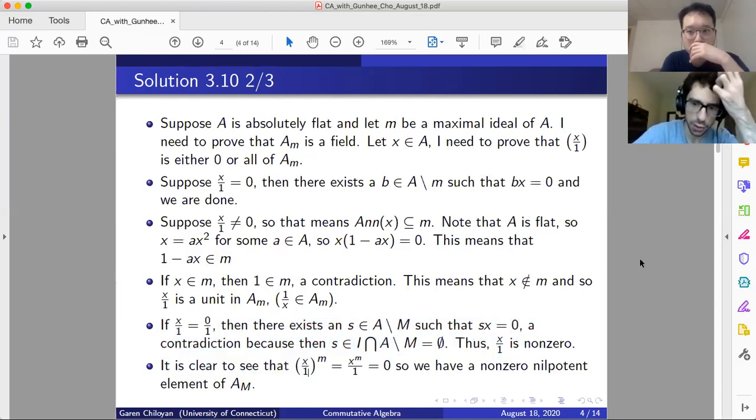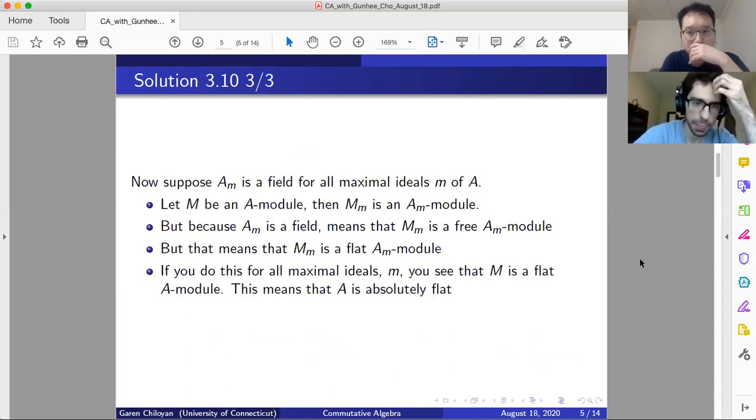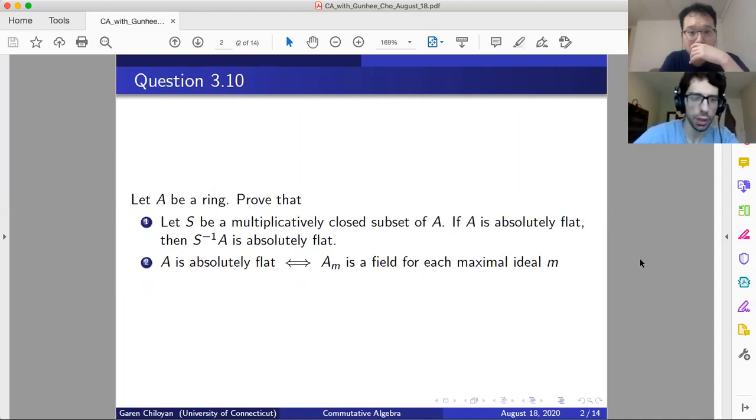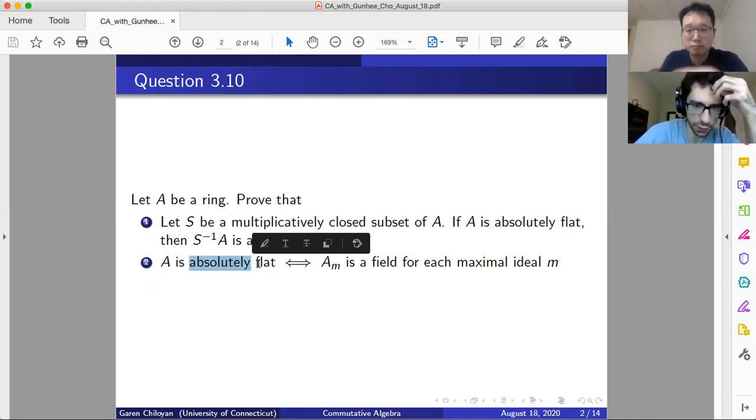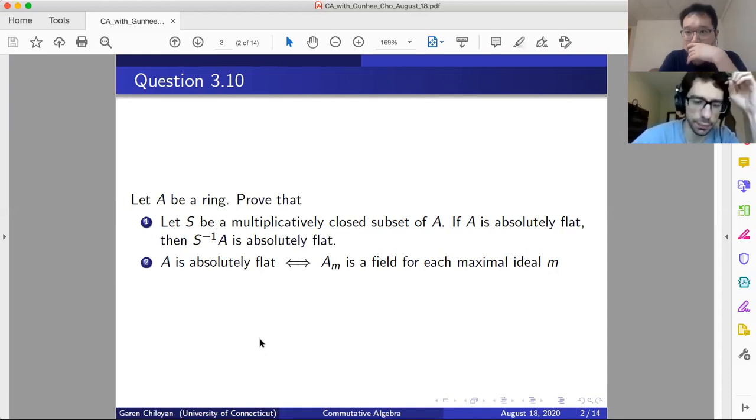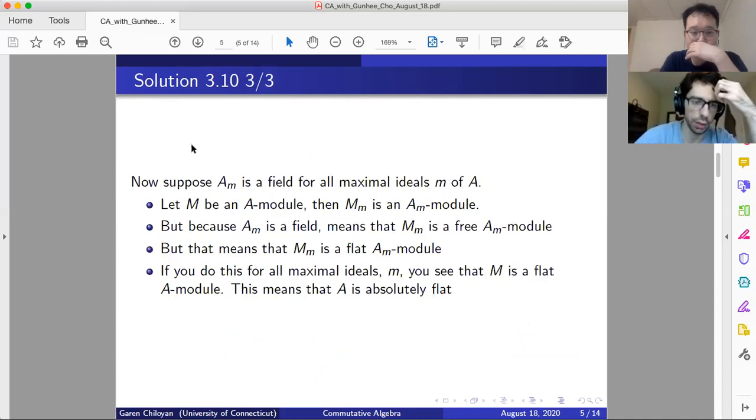Okay, so let's go backwards. So I proved left to right. Let's prove right to left. I'm going to say that A is not absolutely flat, and I'm going to prove that A sub M is not a field for some nicely chosen maximal ideal M. So let's go here.